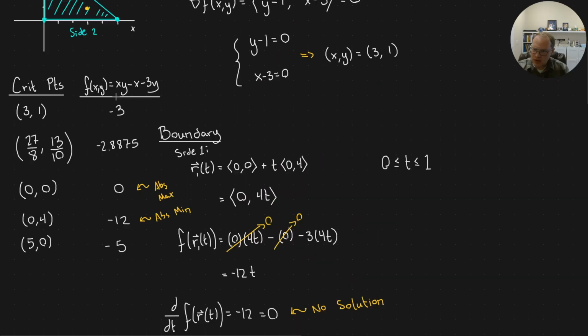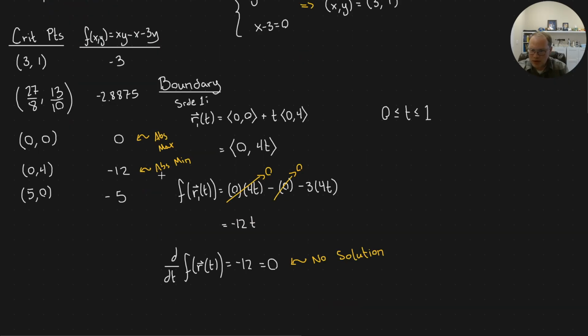f(x, y) has an absolute minimum of -12 at (x, y) equals, and what was it? So the absolute minimum was at (0, 4).